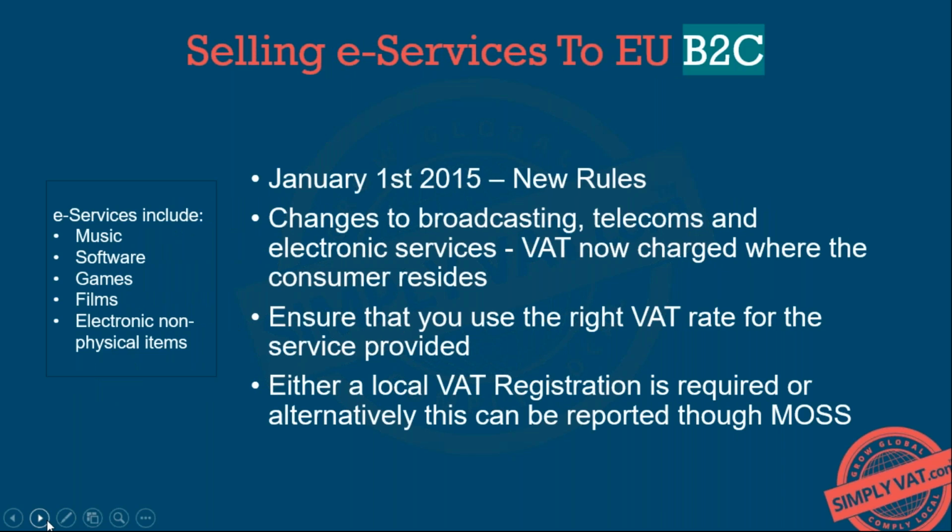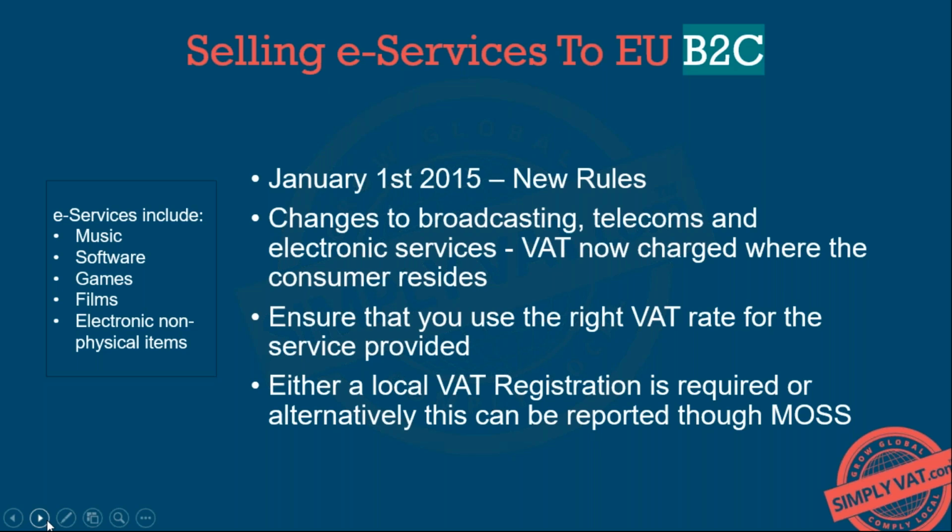If you're selling broadcasting, telecommunications, and electronic services to consumers, the new rules were introduced at the start of January 2015. And it's a fundamental change. So instead of VAT being accounted for where the supplier is, the VAT will be charged where the consumer resides.